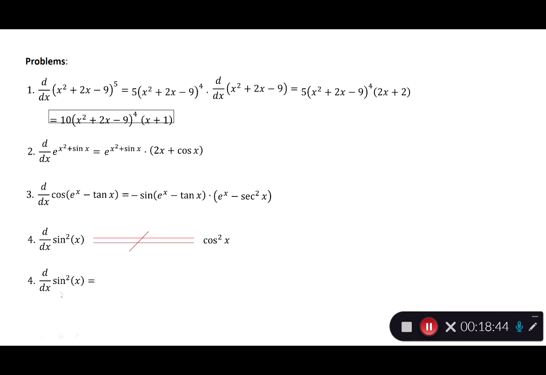That means we tend to write this as sine square x, but what we actually mean is sine of x, the quantity square. So first be sure to write it like that. Sine of x, the quantity square.